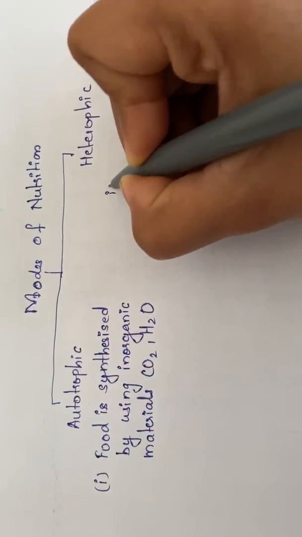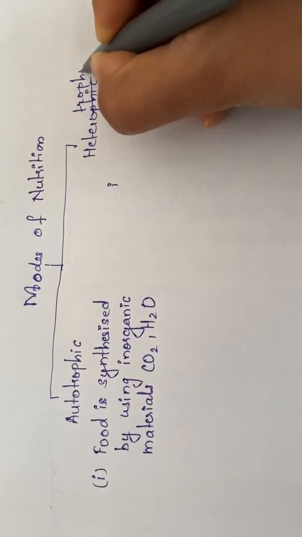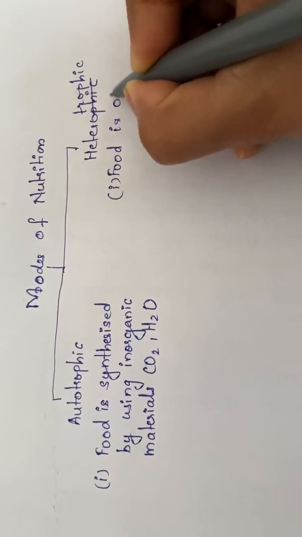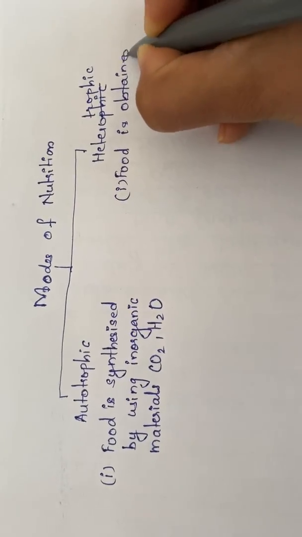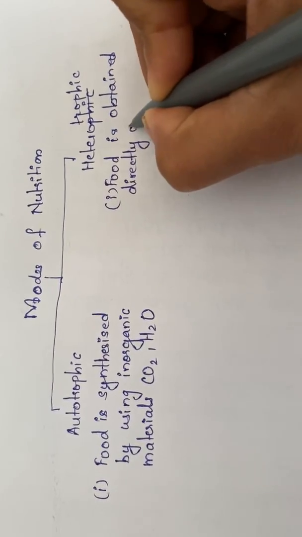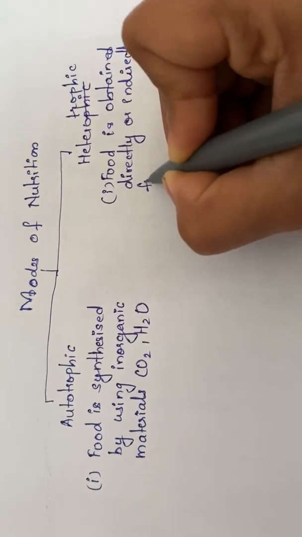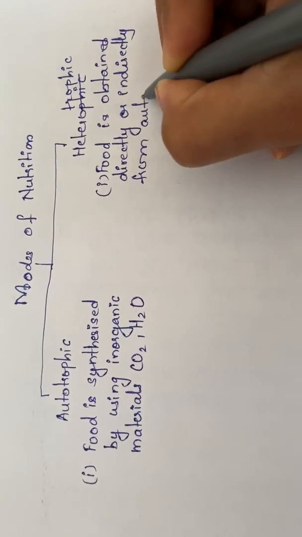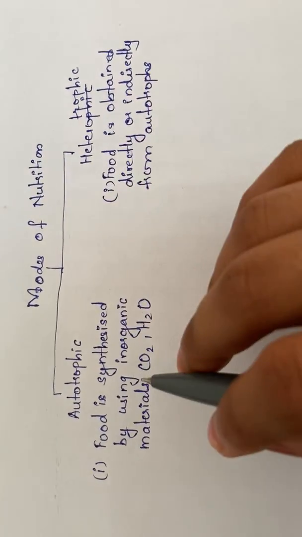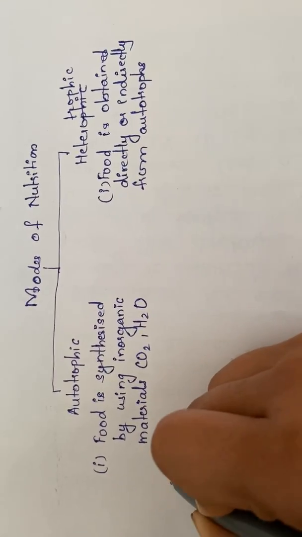And in heterotrophic, food is obtained directly or indirectly from autotrophs. This is the first point. If in the exam you get a question like differentiate between autotrophic and heterotrophic, it can be asked for 2 marks. So you should know at least 4 differentiating points.